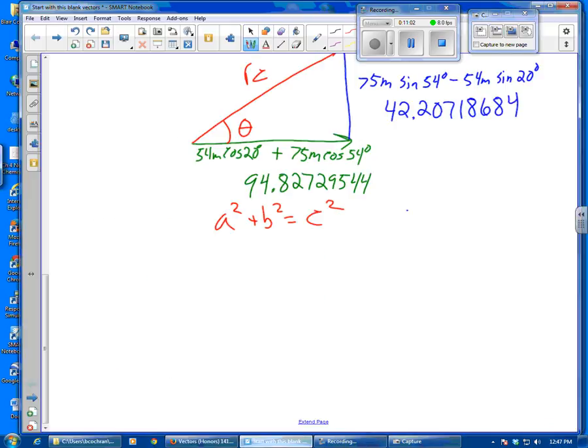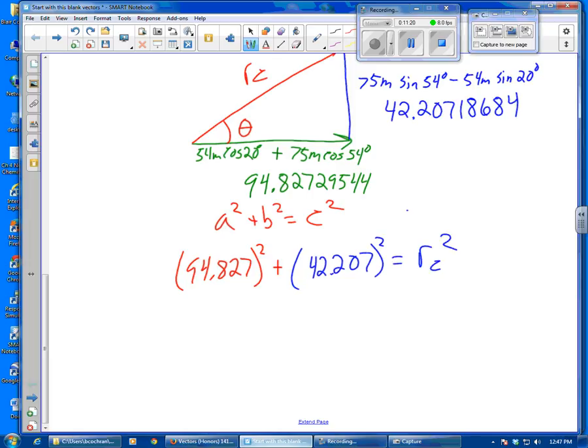So I'm going to figure out the magnitude by 94.827 squared plus 42.207 squared equals RC squared. So it's the length of RC.